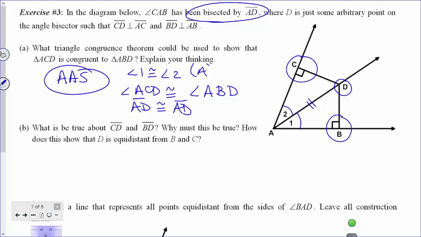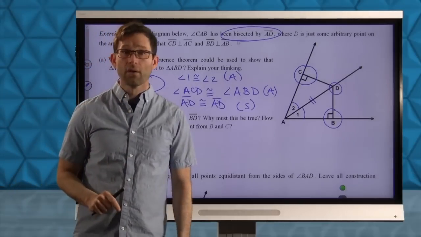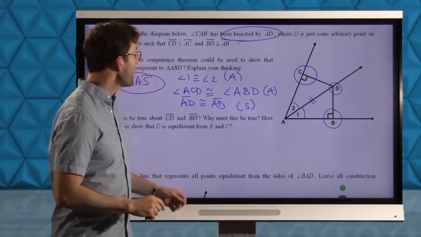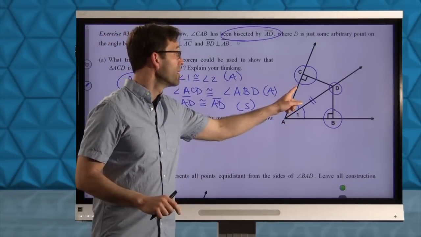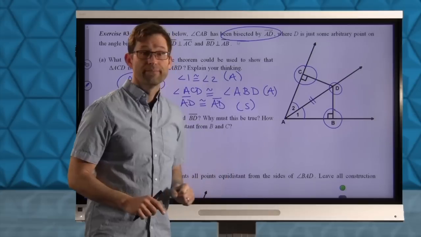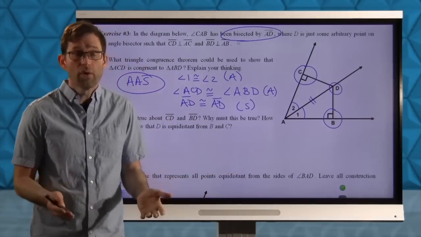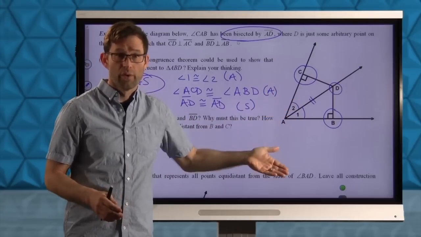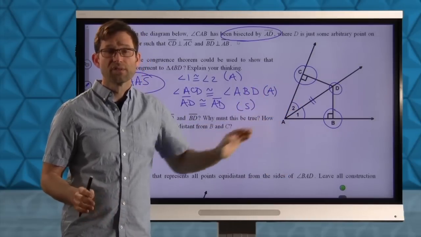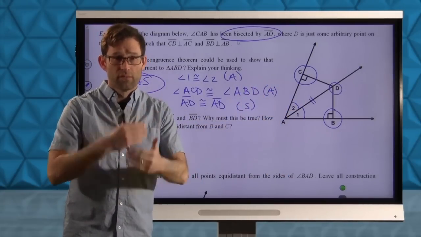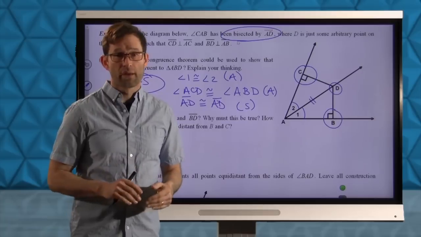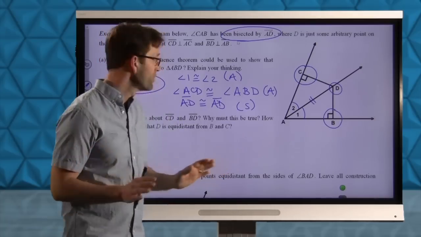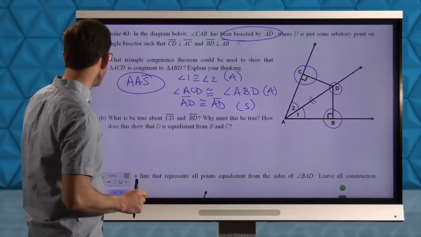So we've got an angle, an angle, and a side. Angle, angle, side. Not angle, side, angle. For that, the sides that had to be congruent would have been this one and this one, and we don't know that. Are they congruent? Yeah, they're congruent because the 2 triangles are congruent, so by CPCTC they're the same, but again, that's sort of reverse logic. We have to prove the triangles are congruent. So we know those 2 triangles are congruent.